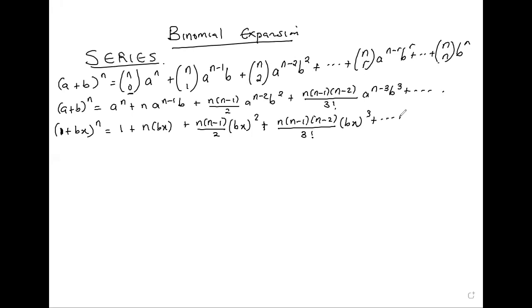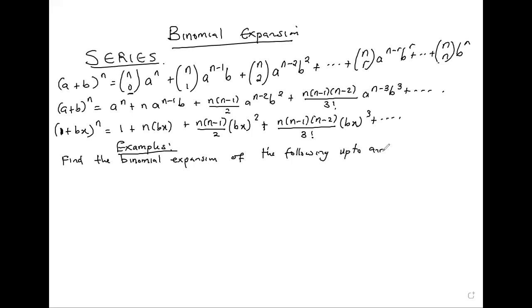Okay, so we'll go straight into examples now, where we say find the binomial series expansion of the following up to and including the term in x to the power 3.